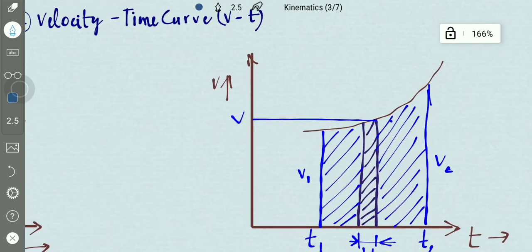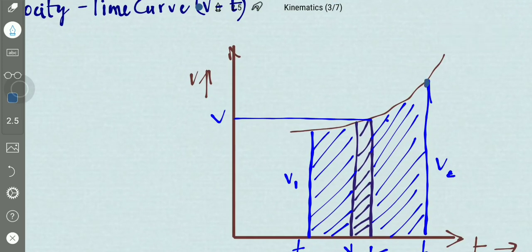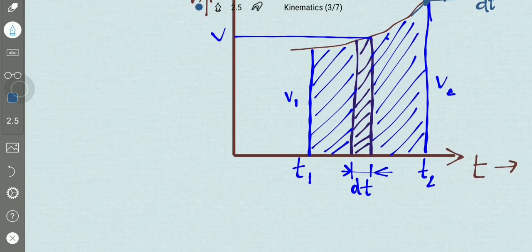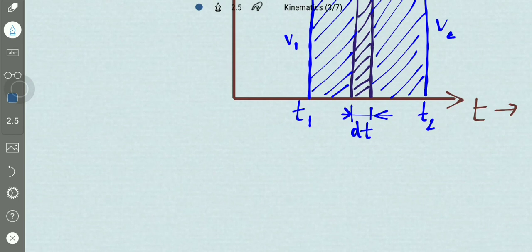If we find the slope at this point, this is theta, which is equal to dv divided by dt. Rate of change of velocity is called acceleration, right? So acceleration is equal to dv by dt, which is the slope of the line at any particular point.